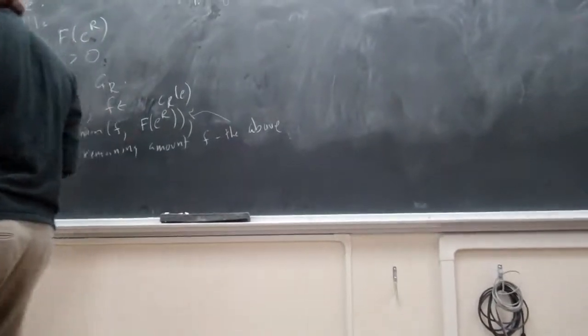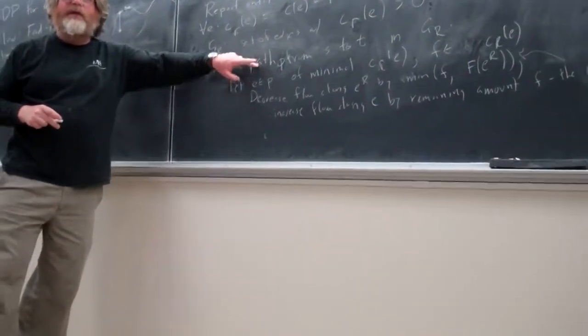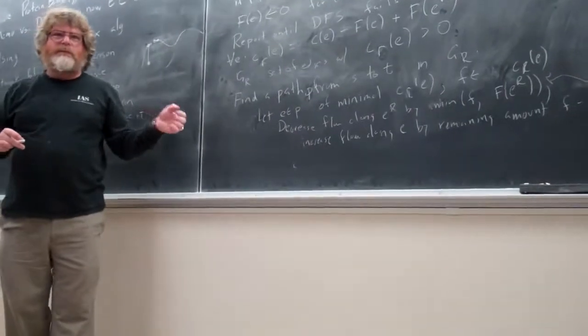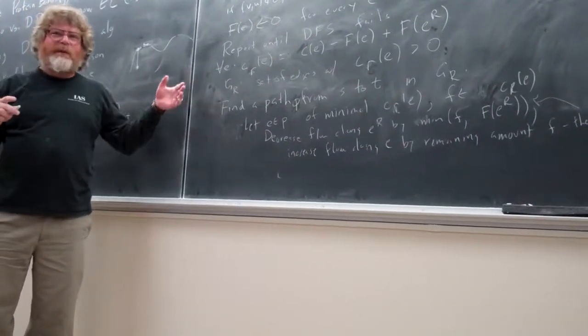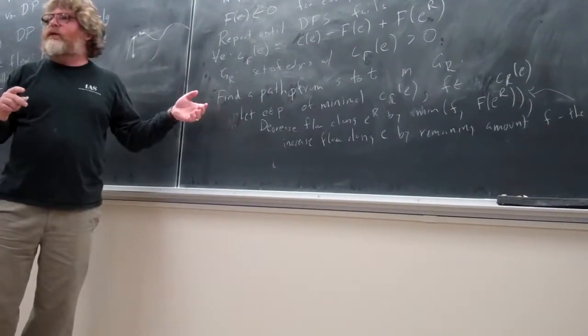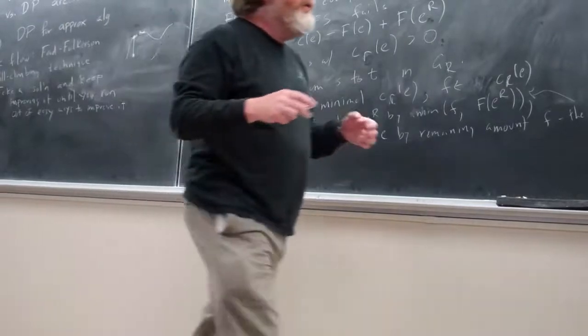So we terminate when we can't find a path that augments the flow. I only have a few minutes left, but let me at least prove that under certain circumstances this algorithm terminates.